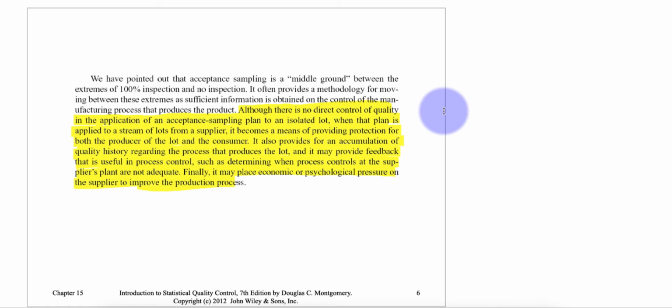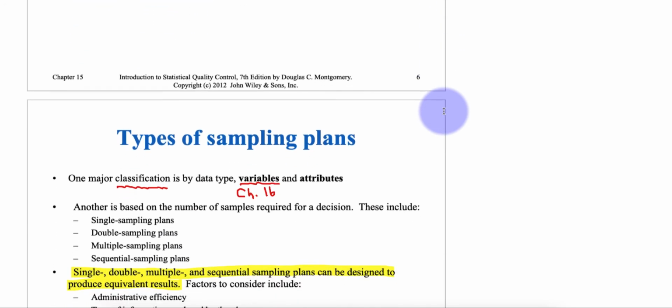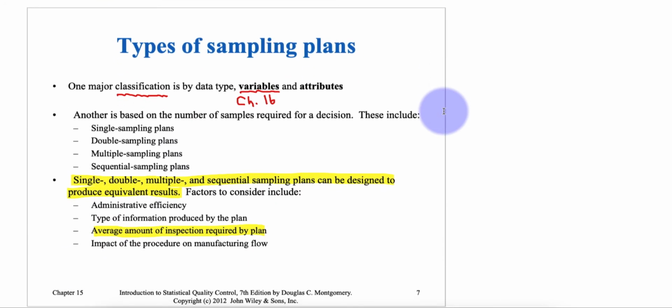So, for example, if you are getting so many rejected lots, it may mean that the process output quality is not that good. So the supplier can improve itself and improve the process quality level. Then they can also produce more accepted lots. Okay, so indirectly, acceptance sampling will affect the process output.